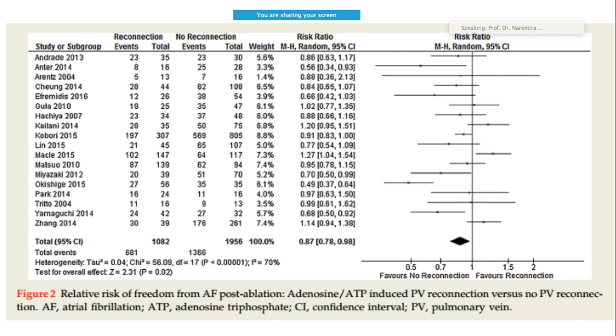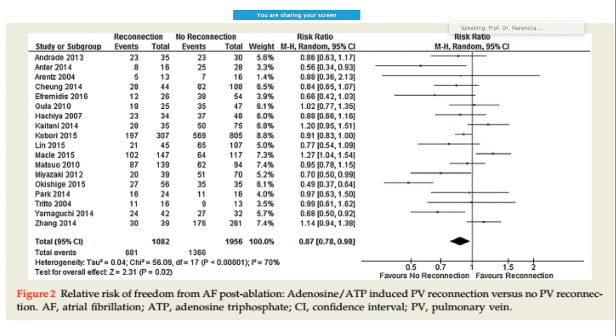Now, in the figure, you can write everything, but it's not always good to write everything. So what you need to do is you must be able to show your data in a beautiful way. So what is this type of plot called? This type of plot is called a forest plot.